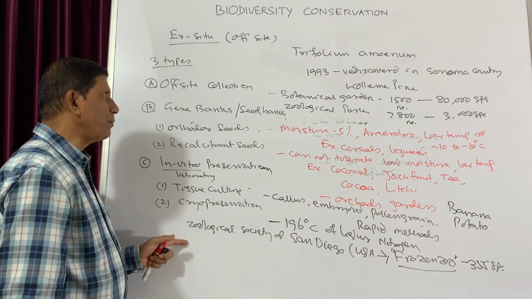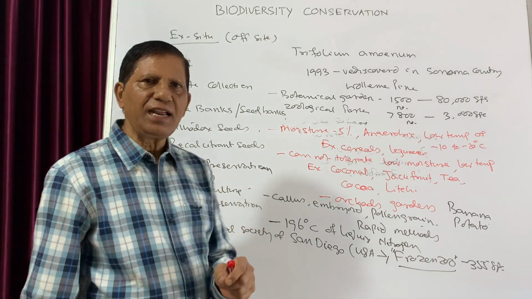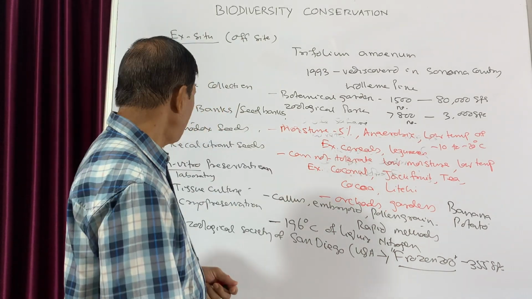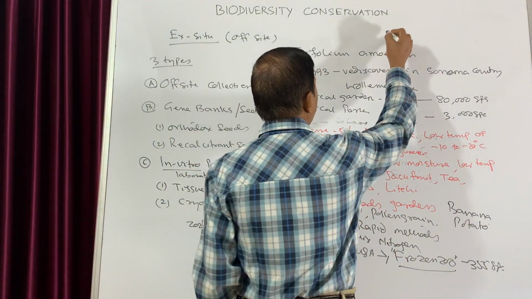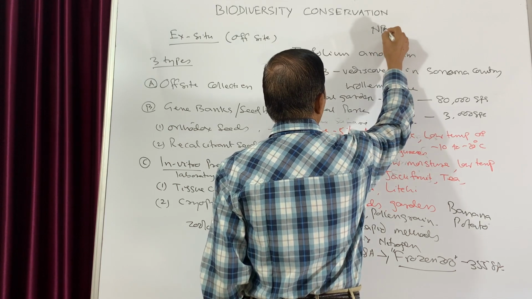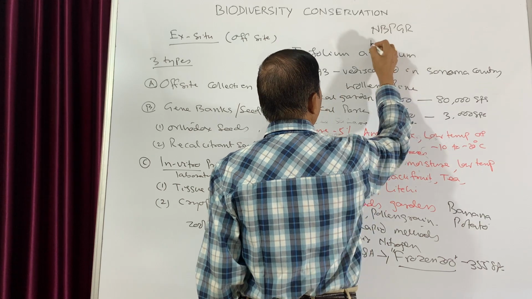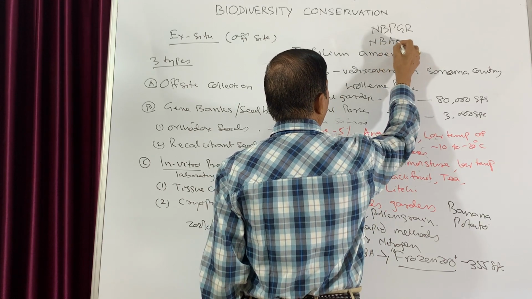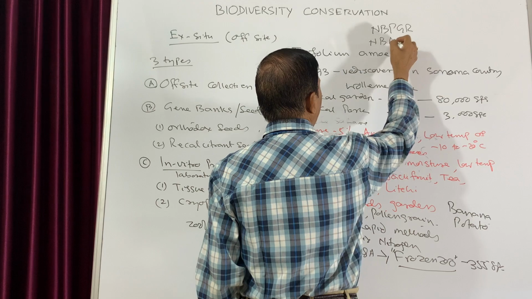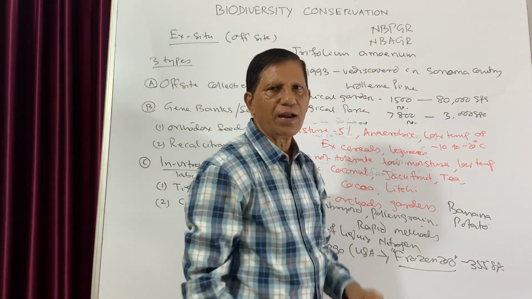And for cryopreservation, in India, there are two organizations. One organization is known as NBPGR. The other is NBAGR. The P and A: this is for plants, this is for animals.